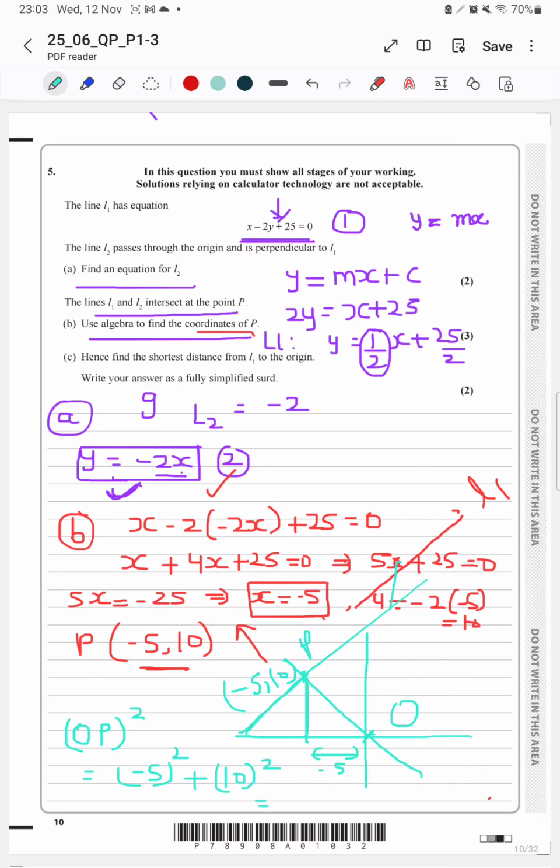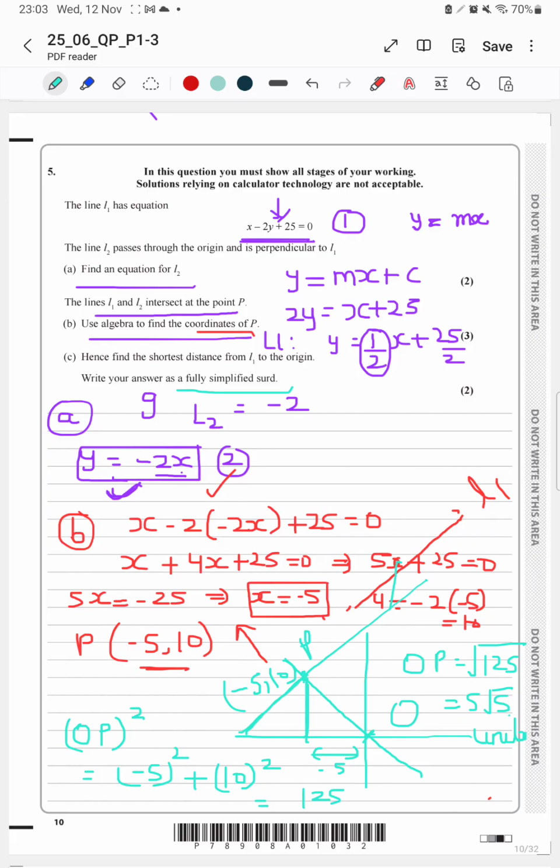So from here I am getting 25 plus 100, which is 125, and if I need to find OP only, that will be the square root of 125 units, which is 5 root 5 units. That is the answer for the third part. They said you have to write it as a fully simplified surd, so this is the answer.